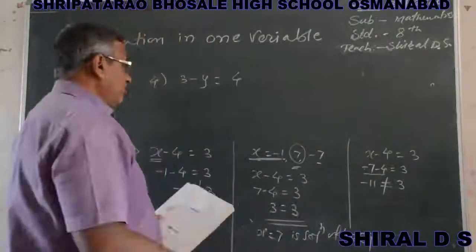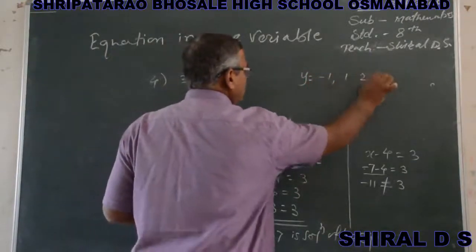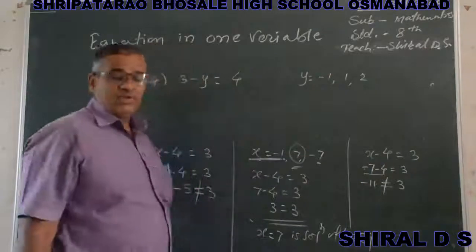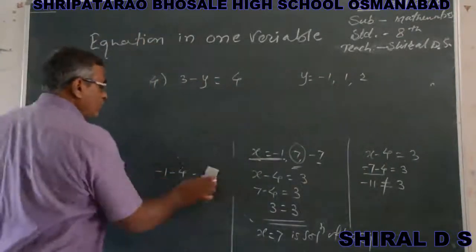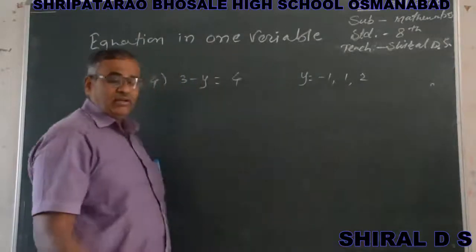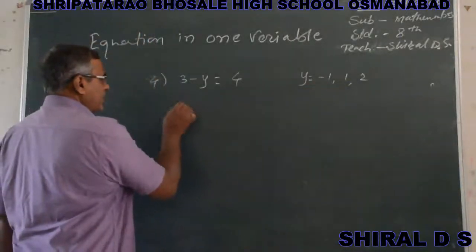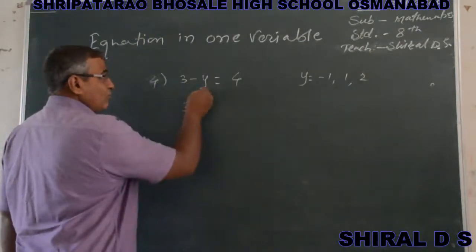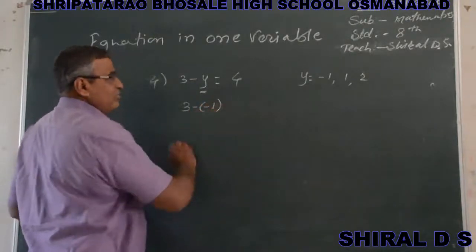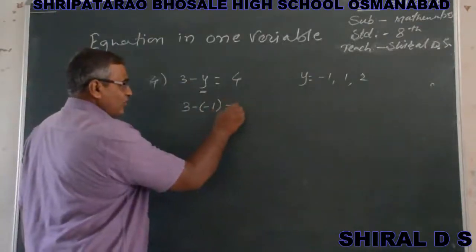And we have given here values of y: y is equal to minus 1 and here is 2. Then decide which value is the solution of the given equation. First we take here y is equal to minus 1 in this equation. So 3 minus, we know that y value is minus 1, then we put here y at y, minus 1 is equal to 4.